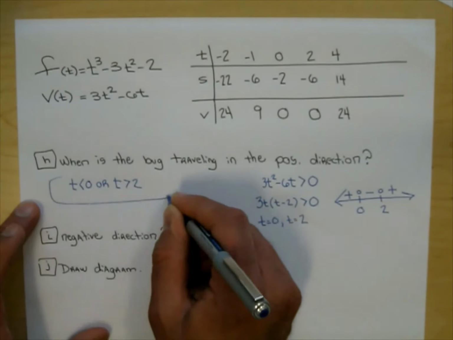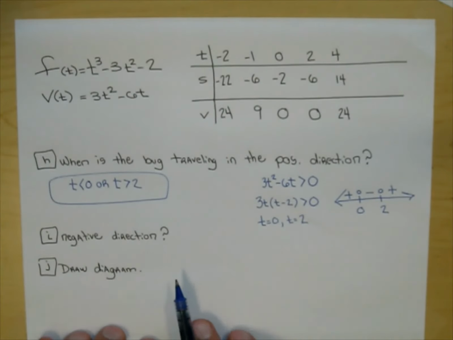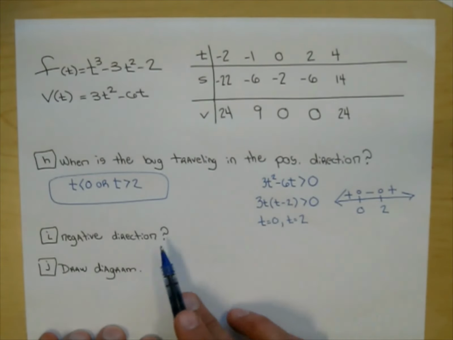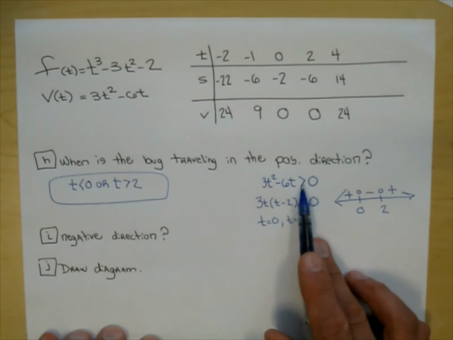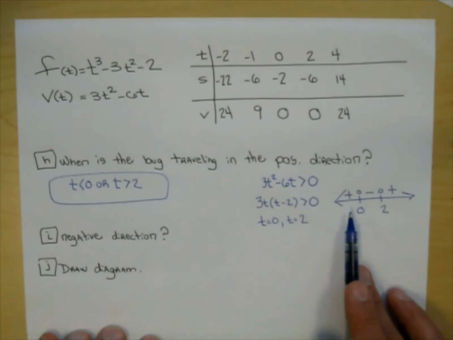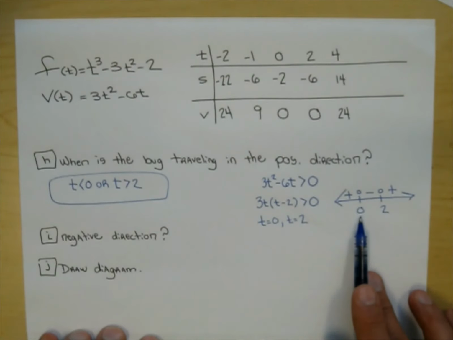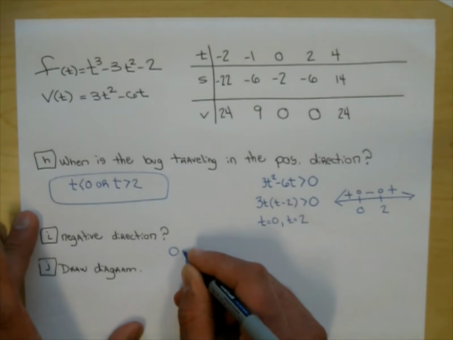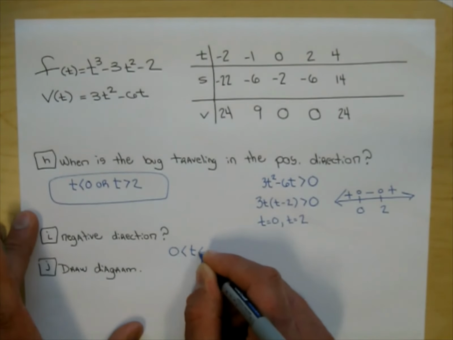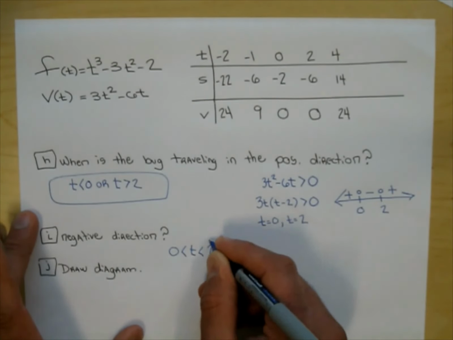We'll just leave it like that. When is the bug traveling in the negative direction? It's the same thing, except this says less than, so you look for the negative sign. That's between 0 seconds and 2 seconds, so 0 is less than t is less than 2.